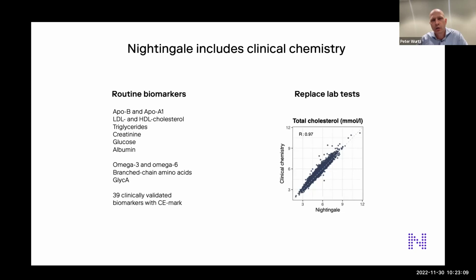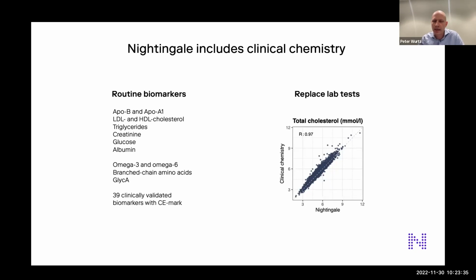In addition to these emerging, exciting, novel biomarkers, I would also like to highlight that the Nightingale panel includes many clinical chemistry measures, routine biomarkers like apolipoproteins, LDL and HDL cholesterol, creatinine, glucose, and more emerging biomarkers like omega-3 and omega-6 that are very well understood and relevant for health and disease. In total, 39 clinically validated biomarkers with CE mark.